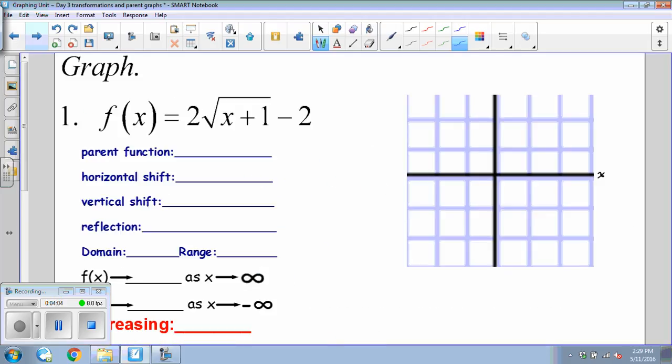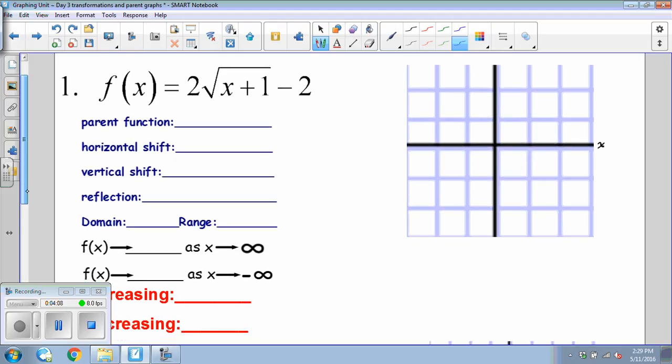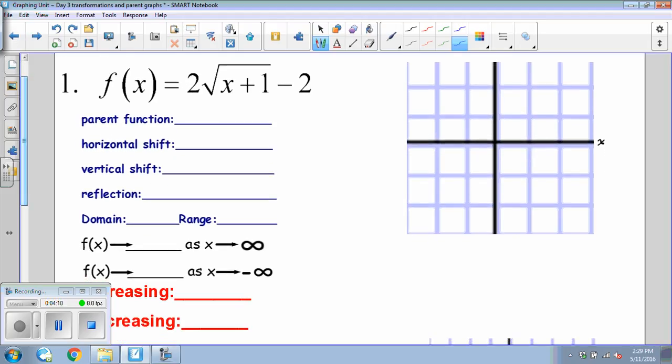Now, in these examples, we're going to graph this function, and then we're going to tell everything about that function. Now, the parent function for number 1 is the square root of x. That's the stripped down function.